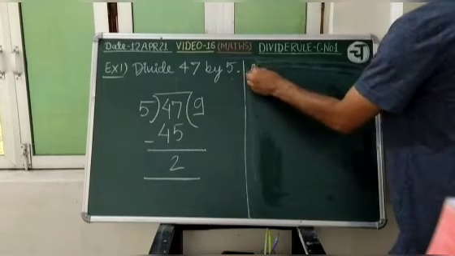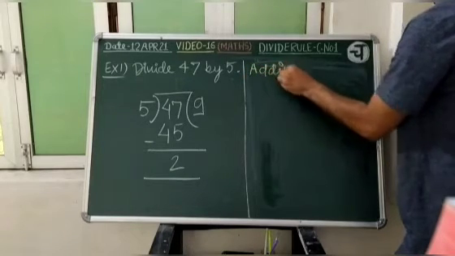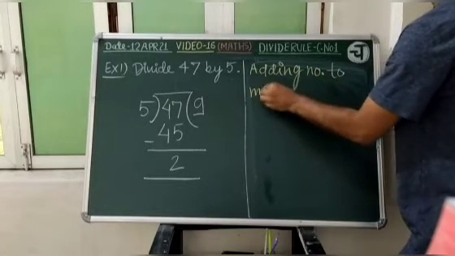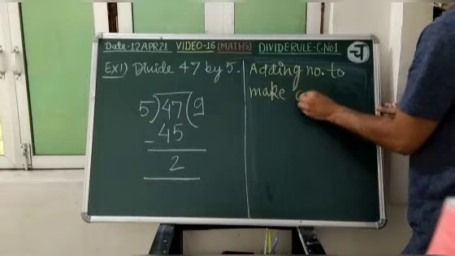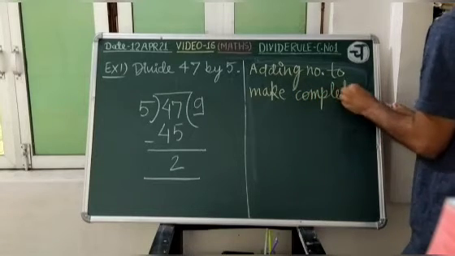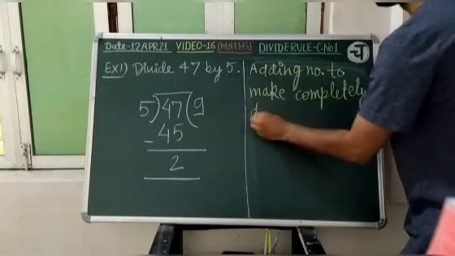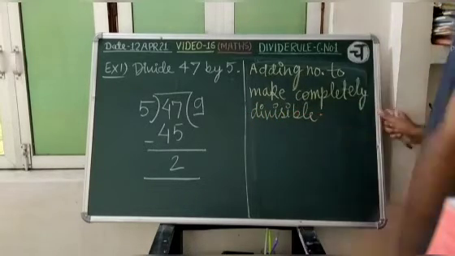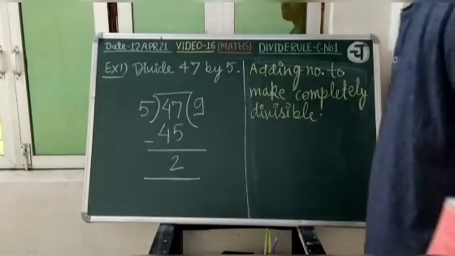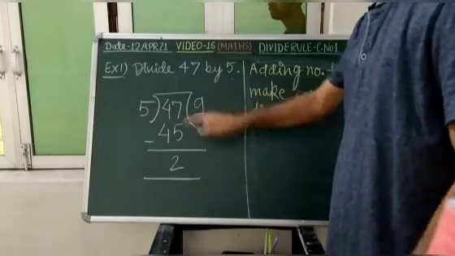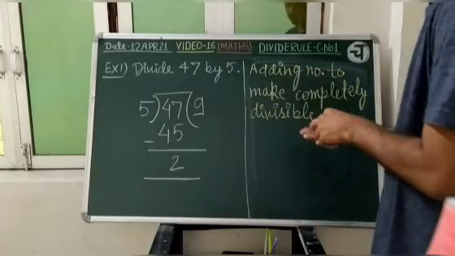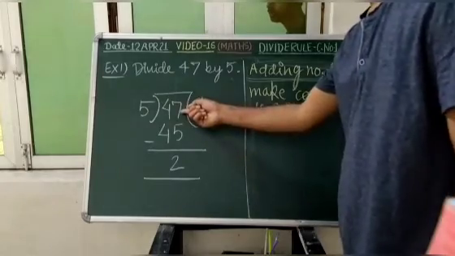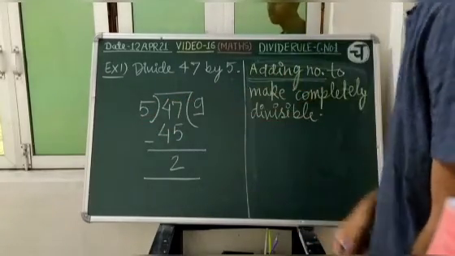So think in your mind what the adding number should be, to make it completely divisible by 5.